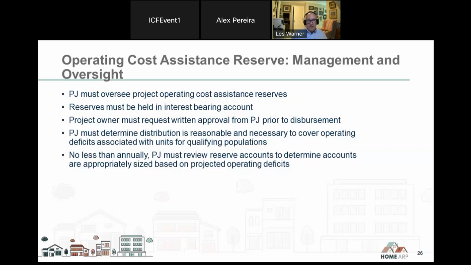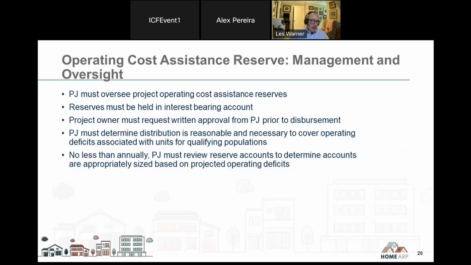Also with this, not less than annually, the PJ needs to be reviewing those reserve accounts to make sure that the funds are there, that there continues to be an adequate remaining balance to cover the projected potential deficits that project would be experiencing.